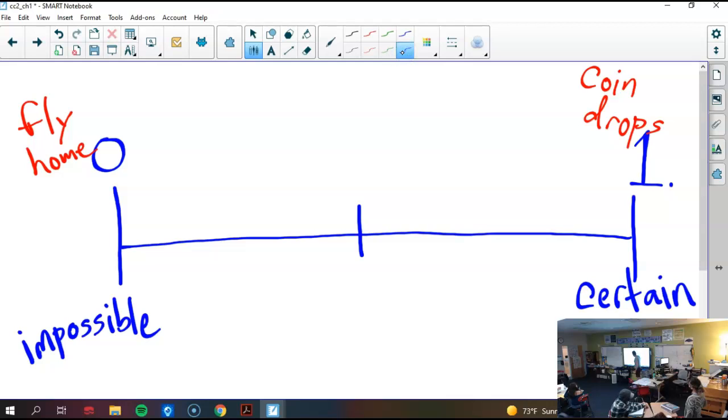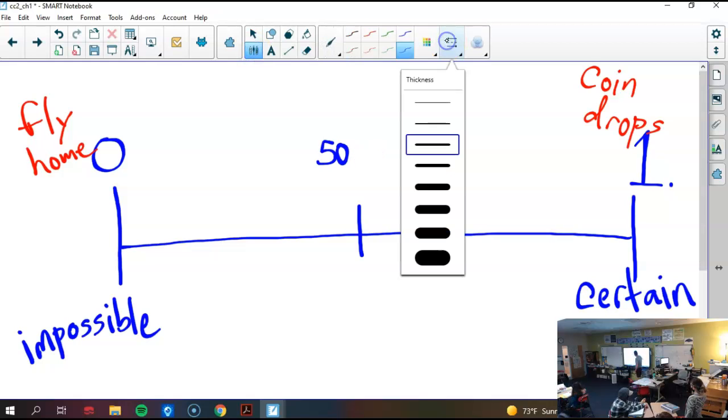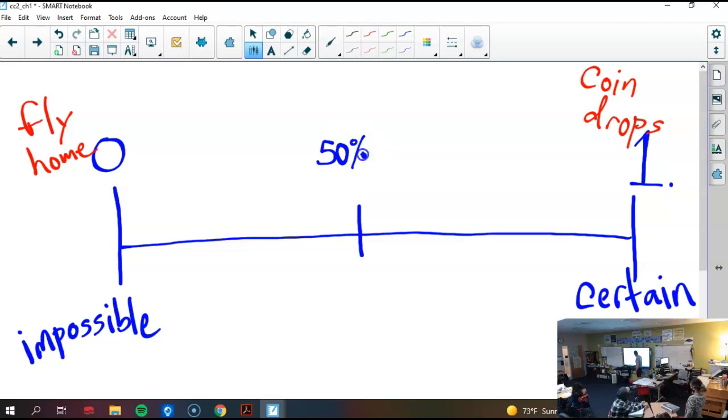So a 50, guys, I'm going to write this in a way that looks wrong. I'm going to tell you, this is not subtraction. This is how a lot of people write a 50-50 probability, which really means that there's a 50%, but really that's 0.5.